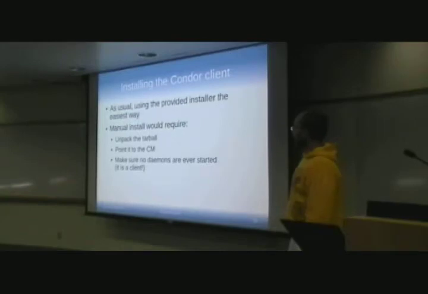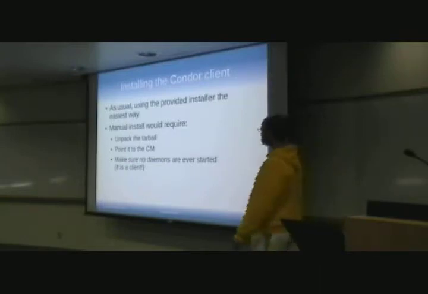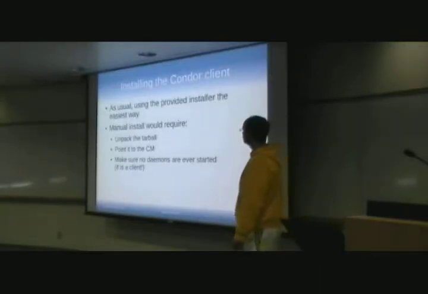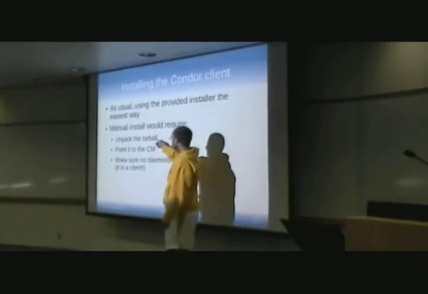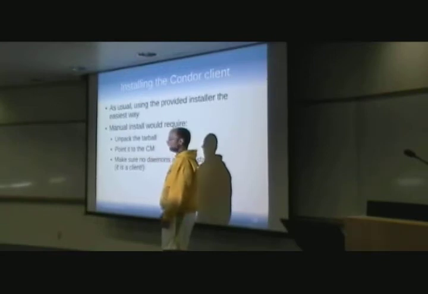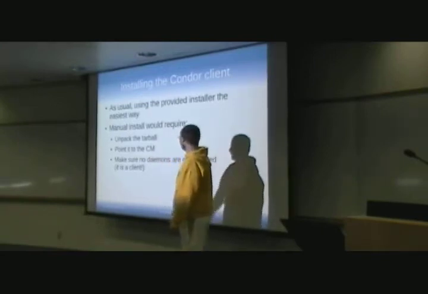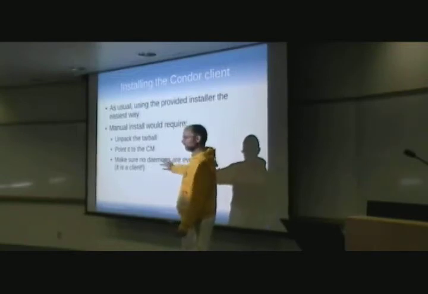And as usual, the provided installer is the easiest way. It's meant to make it as easy as possible to get the client installed. If you want to do it by hand, you just unpack the tarball, make the configuration so it points to your central manager. Make sure that no daemons are ever started because it's a client.